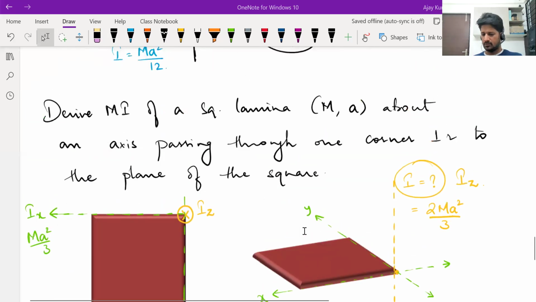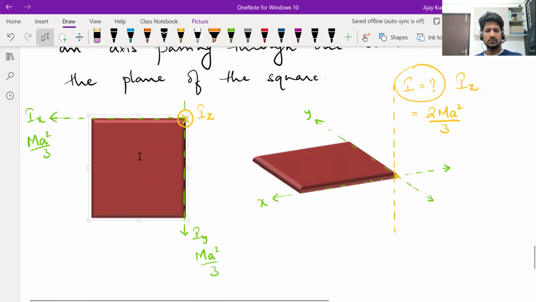Now try this question, all of you. For the square itself, you can take a screenshot of this if you want, or you note down this result. About edges we discussed. About the axis passing through the corner perpendicular to the square we have derived.